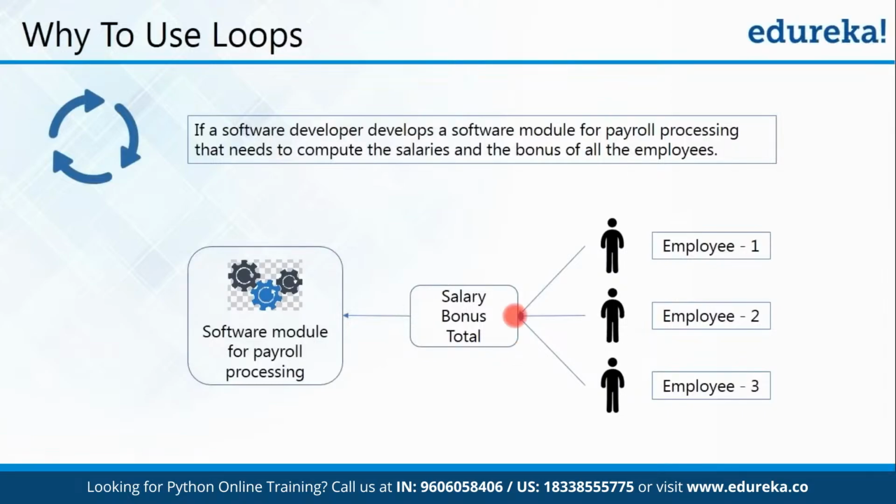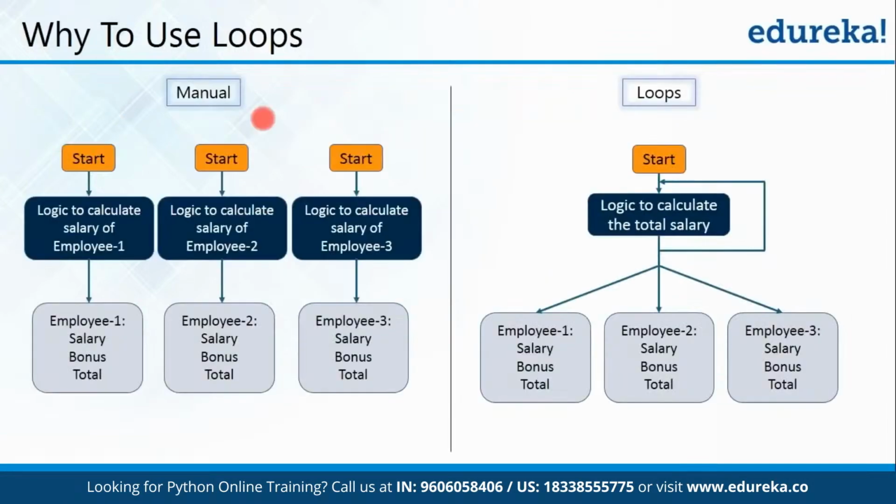Now there are two ways of executing this task. One way is to write logic to calculate the total salary of each of the employees, including fields like salary, bonus, and total, and write that logic for all the employees in your office. There might be hundreds of employees, so you need to write the code for all of them.